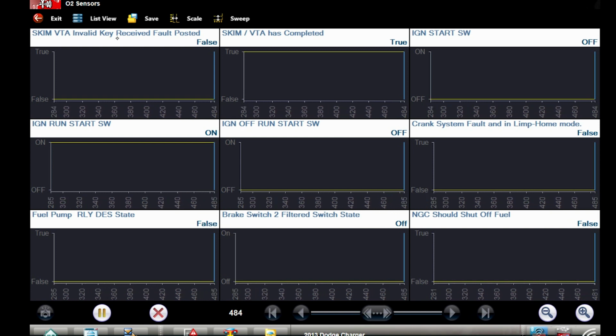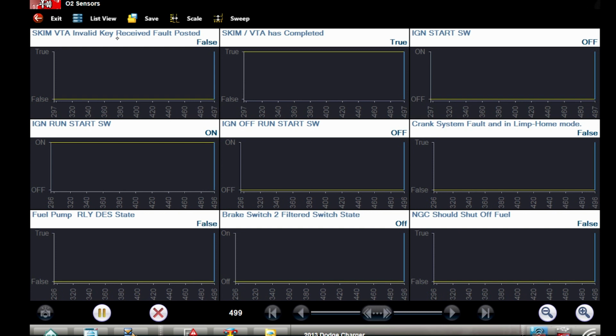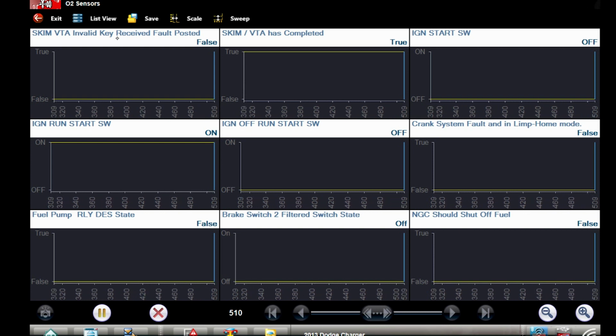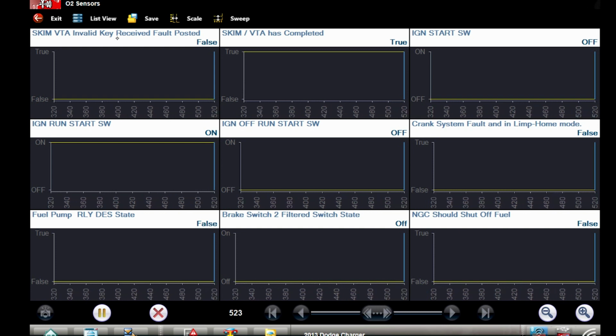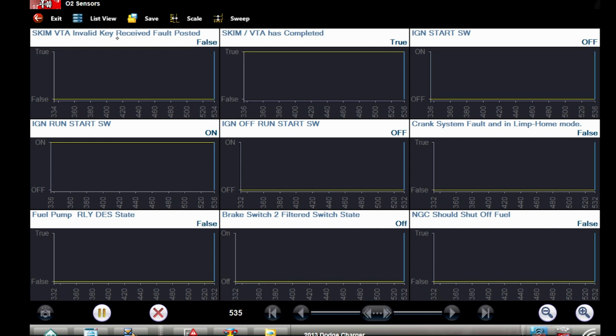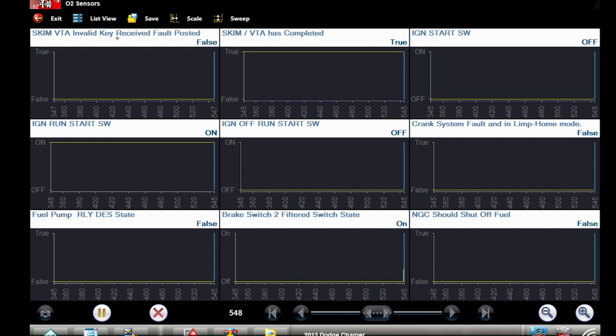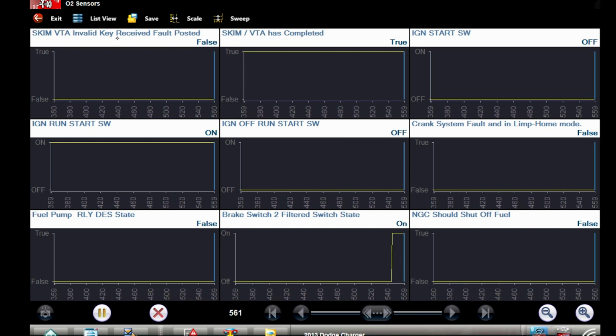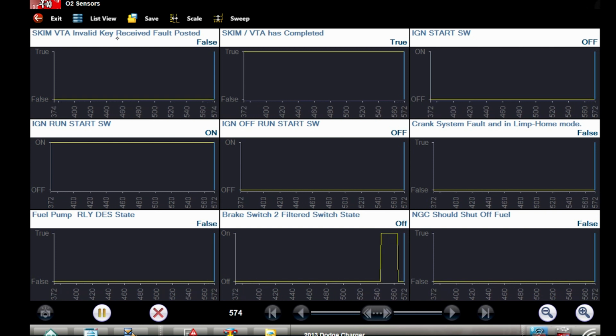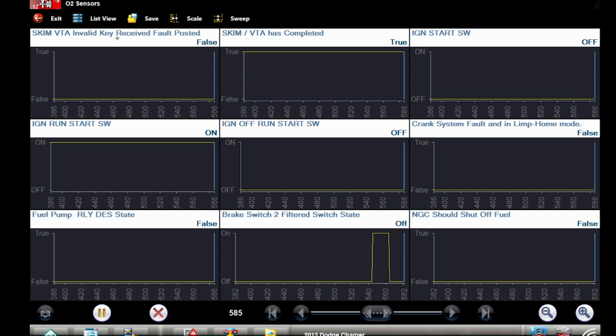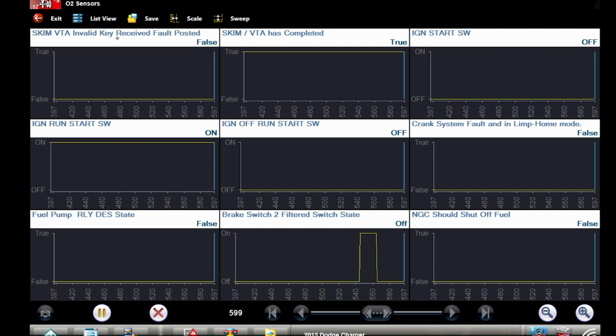Fuel pump relay desired state is false because we're not cranking, nor did we just cycle the ignition on. Brake switch filtered switch state is off, and then on when I press the brake. So we know, once again, yet another module that needs to see a brake input is seeing what it wants to see.